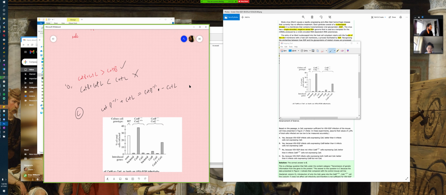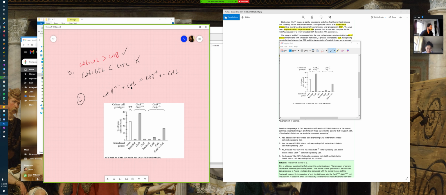So cat B minus plus cat L is this over here, right? And then cat B minus without cat L is that. Oh wait, sorry, not that, because that means that cat L is still there, and this is without cat L. So that's going to be like this one.